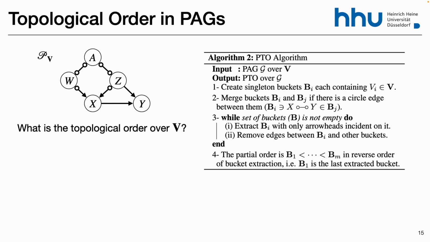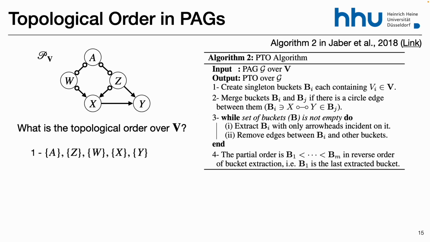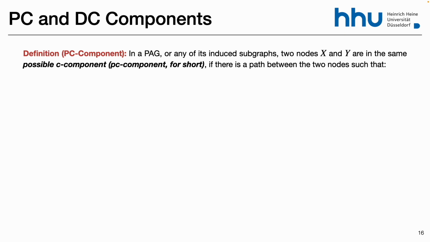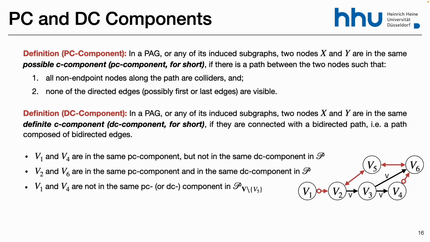Then we also saw a topological order over buckets, which can be done through this algorithm here. Then we defined the possible C-components and also the definite C-components. Basically, a possible C-component is a C-component where we don't really know what the first and the last edge are, but it could possibly be a C-component where every edge is a bidirected edge, right?